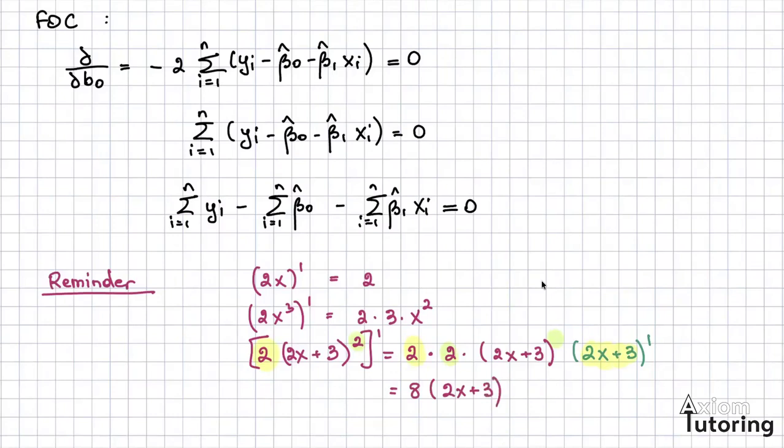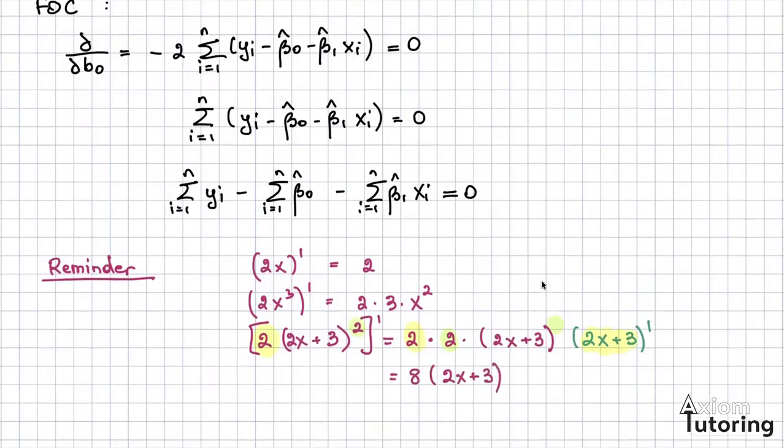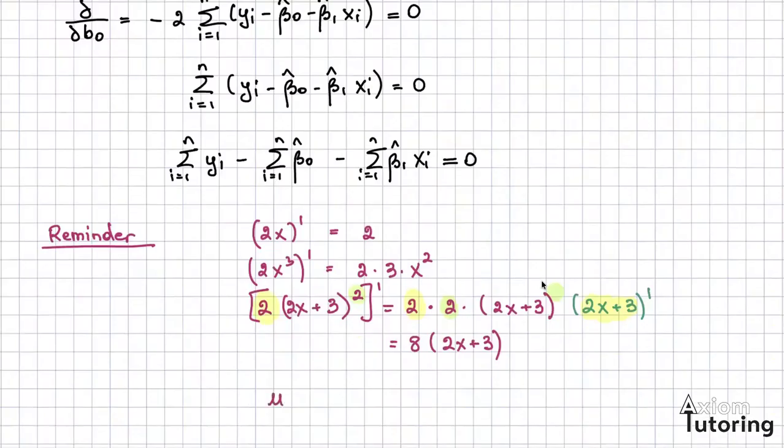further work it, okay? So most of you might have seen that if you have an expression u to some power n and you need to find the derivative, the generic shape of it will be n times this u expression at the power n minus 1, times the derivative of the expression u by itself.